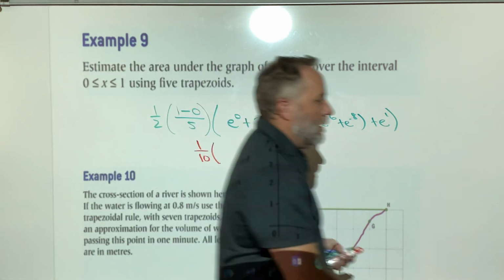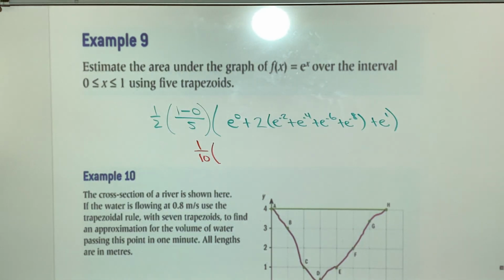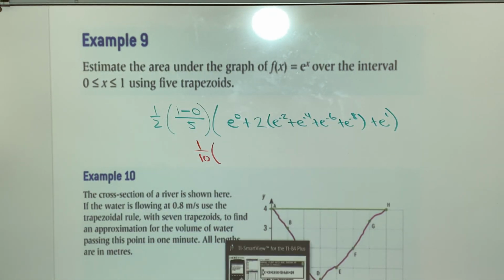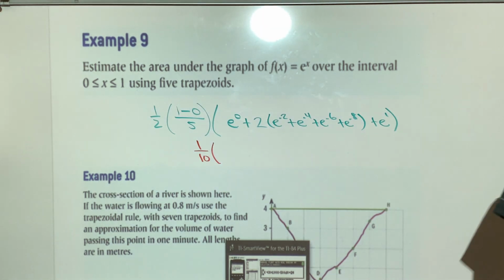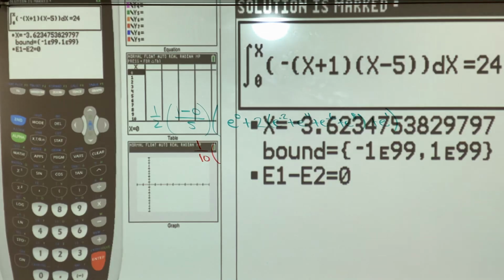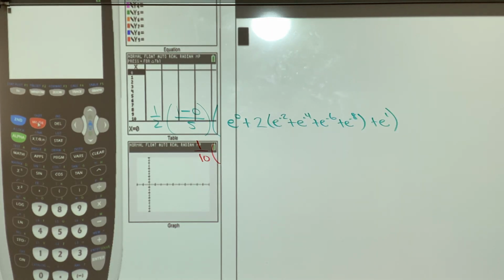And if you wanted, we could do that on a calculator. Let's just show that. It's going to be e to the 0 plus 2 times those plus e to the first. So if I show that on a calculator, that would just look like this.